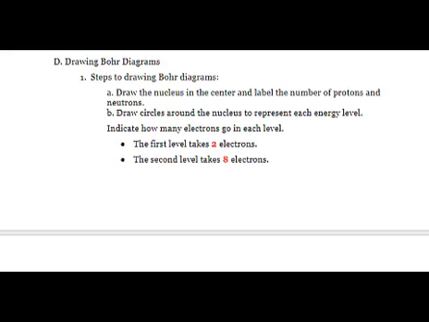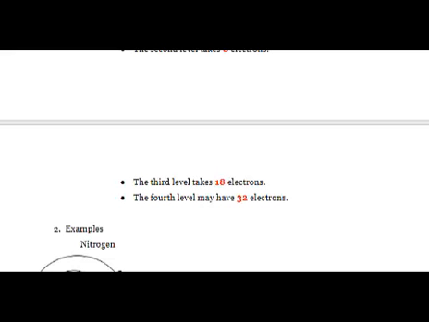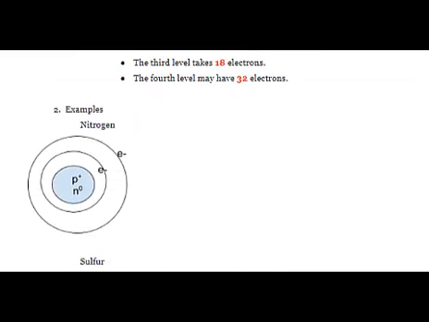We're going to indicate how many electrons go into each level. As we do this, we're going to remember these numbers. The first level takes 2, the second level takes 8, the third level can take 18, and the fourth level may have 32 electrons. So now we're going to start with the example of nitrogen.